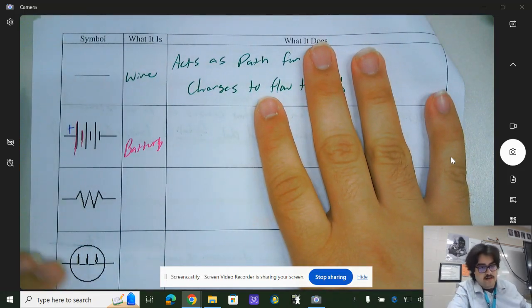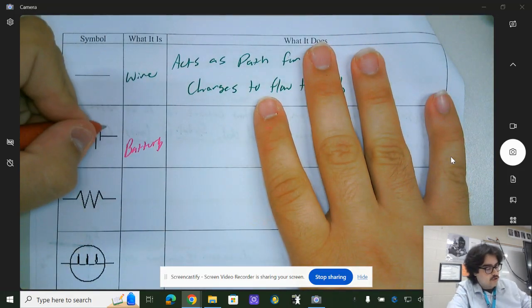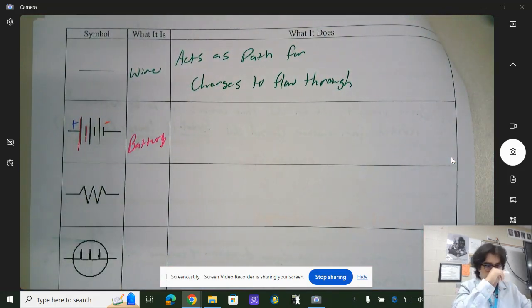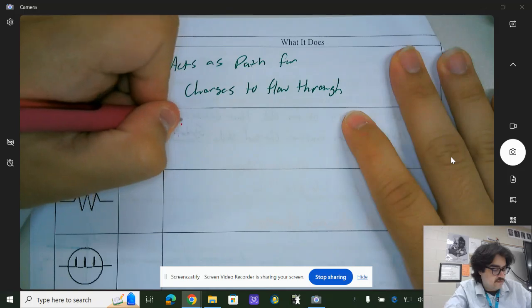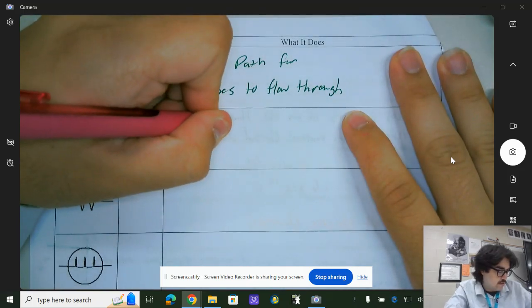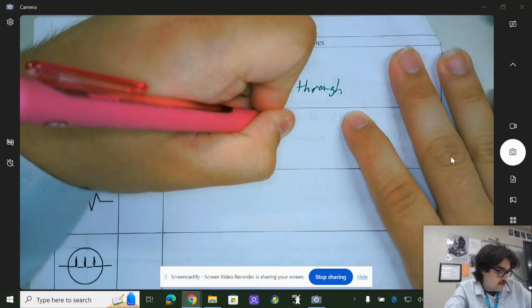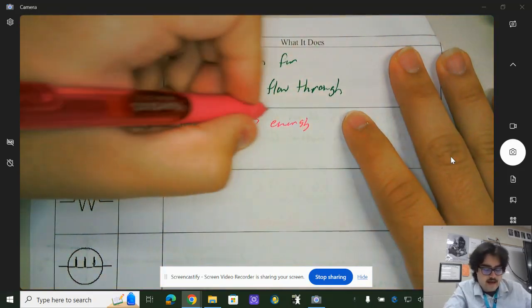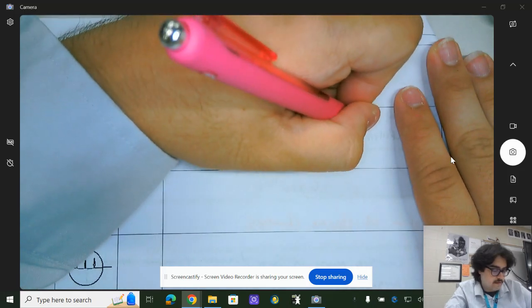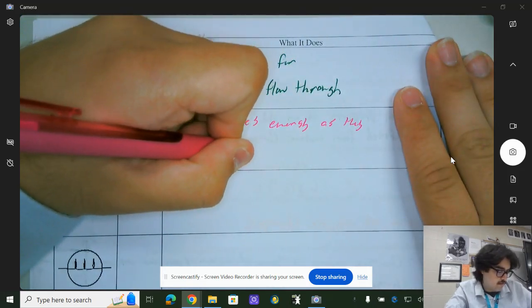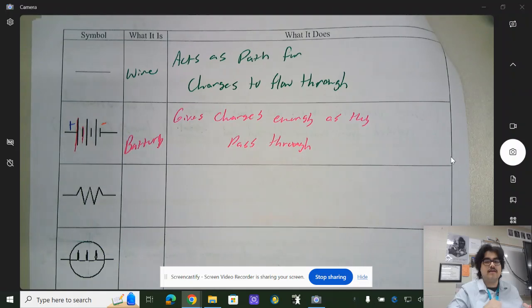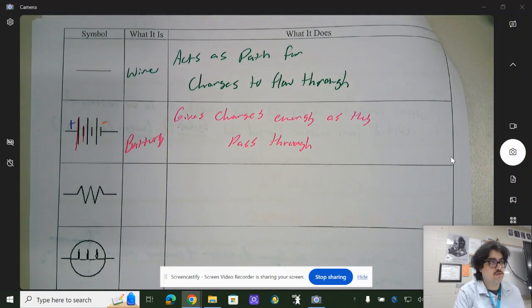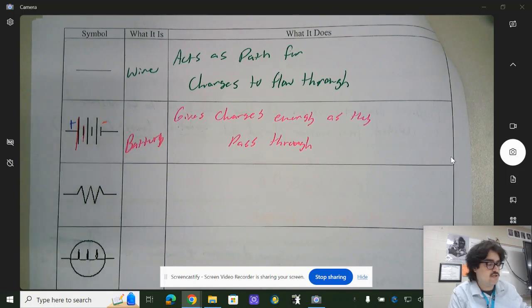The short line is the negative terminal. This is what gives charges energy as they pass through. So when the charge passes through the battery, it gives it energy so it can keep going.